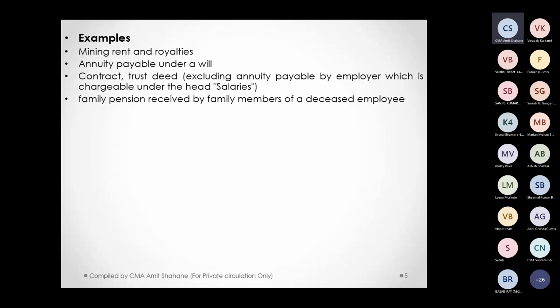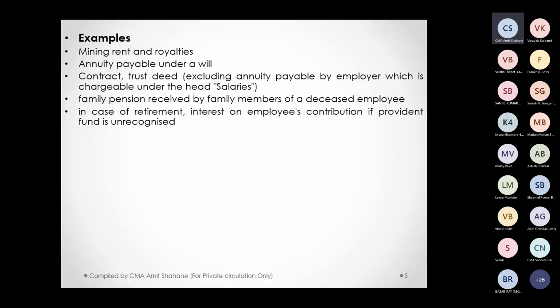Please understand that his wife and that company do not have any employer-employee relationship, not even in the past, and therefore whatever family pension is received is chargeable under income from other sources and not as salary income.